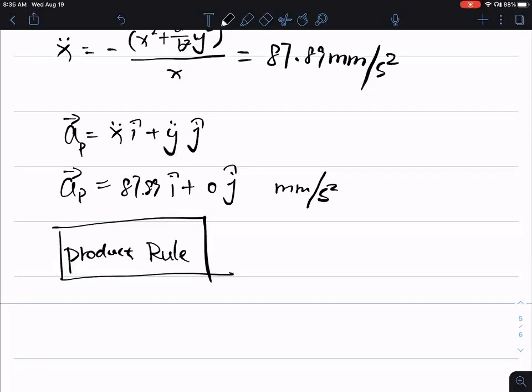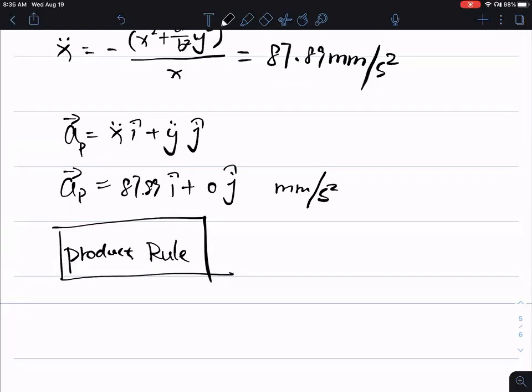If we have a moving particle, is it possible for the velocity and acceleration vectors to be perpendicular to each other? So you have a velocity vector and an acceleration vector. Is it possible those two vectors are perpendicular to each other?